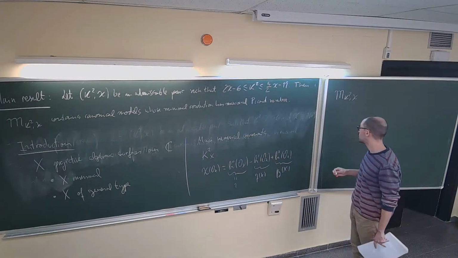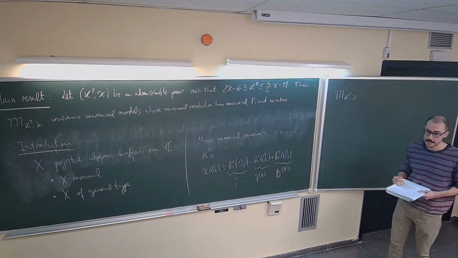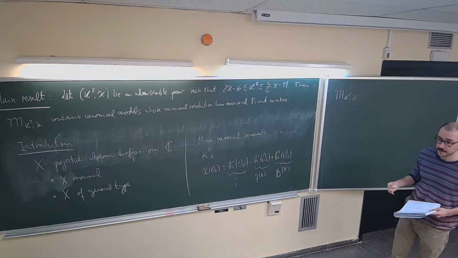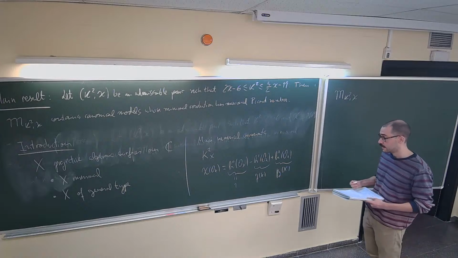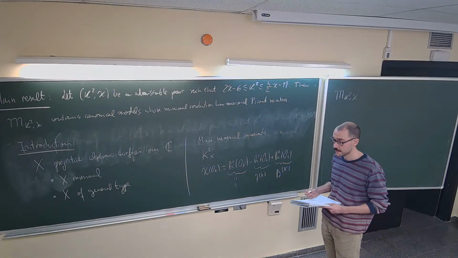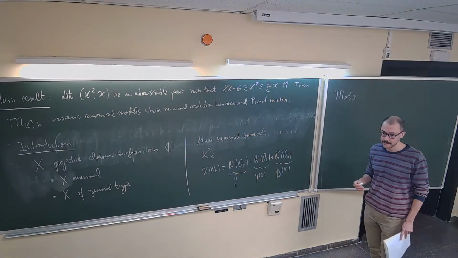As I said, what this moduli space parameterizes is canonical models, so we should say what a canonical model is. Each smooth minimal surface of general type has a unique canonical model that can be realized in two ways.